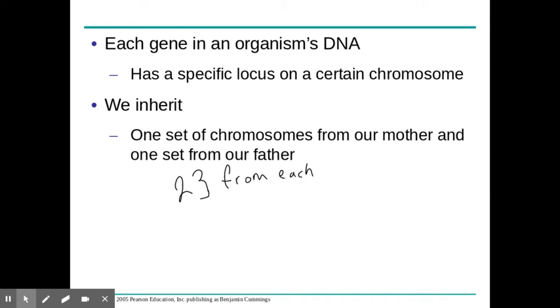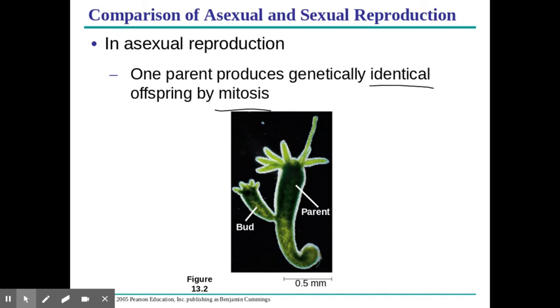Those 23 are pairs. For instance, if the first chromosome has hair color, that means you got a gene for hair color from mom, and you also got one from dad. Each chromosome has a single DNA molecule with hundreds to thousands of genes on them.